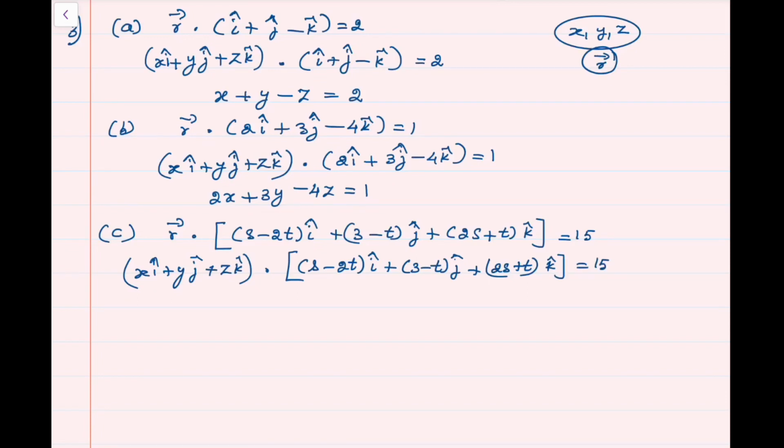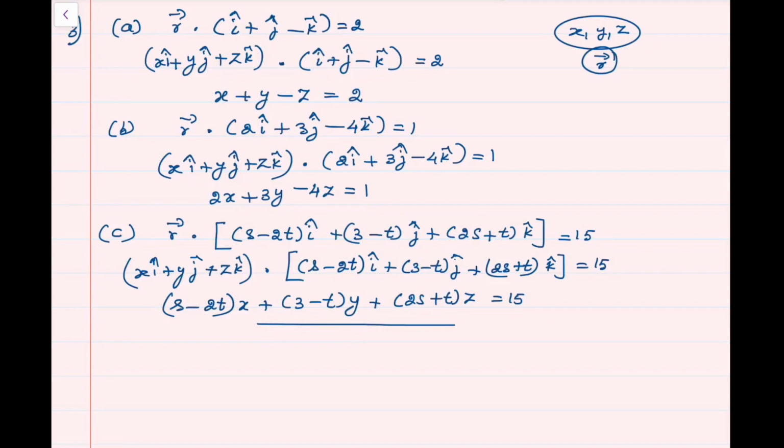Let us do the dot product. No ijk in the dot product. We get (s minus 2t) times x plus (3 minus t) times y plus (2s plus t) times z is equal to 15. This is the Cartesian equation of the plane.